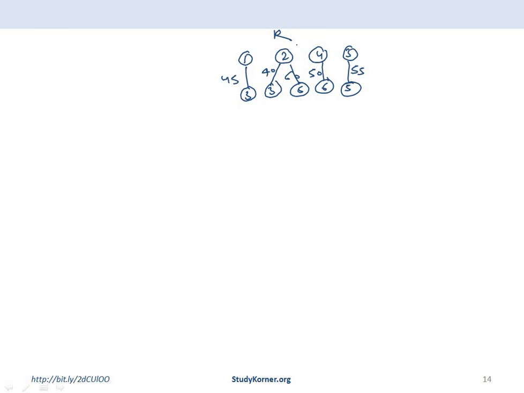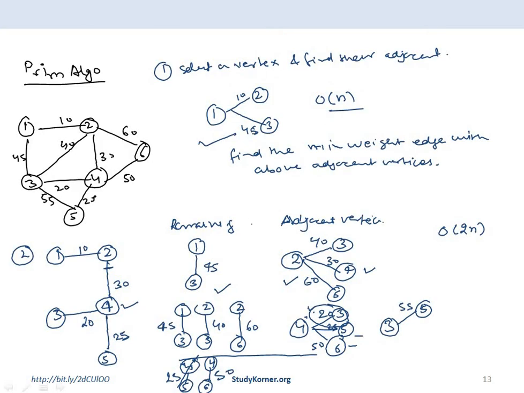Now the adjacent of 5, let's see the graph to find out the adjacents of 5. It will either take 3 or 4, so there are two adjacents.